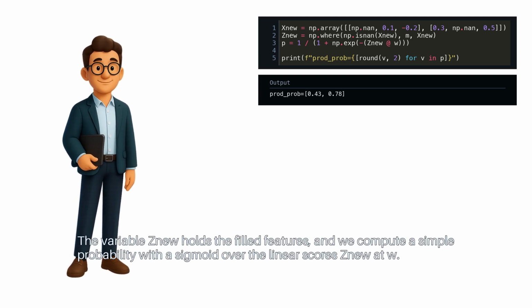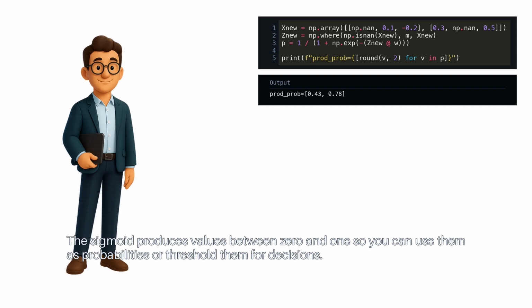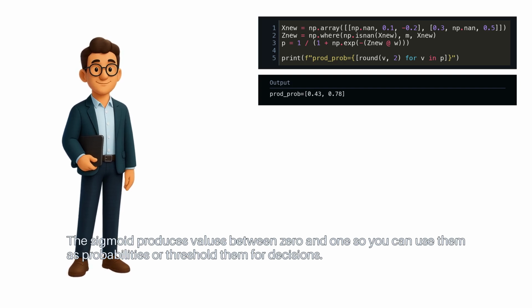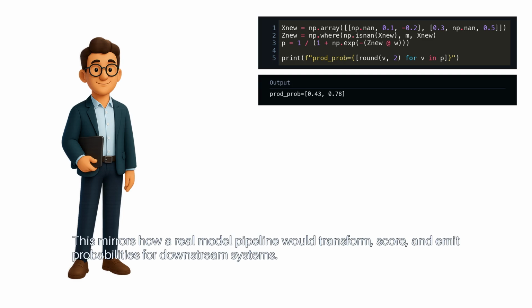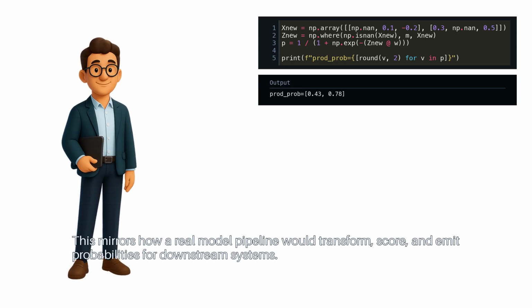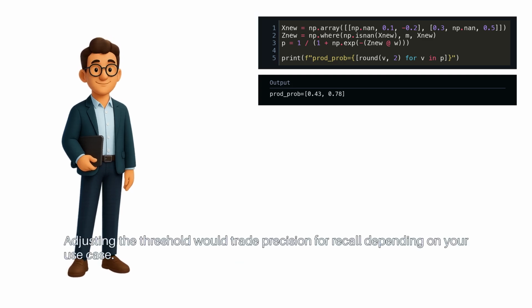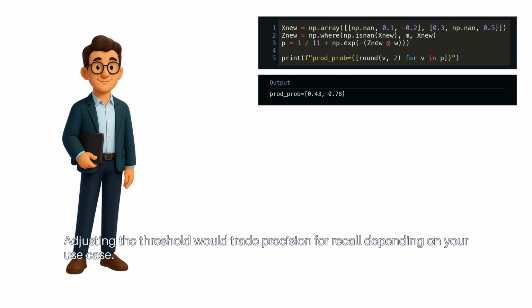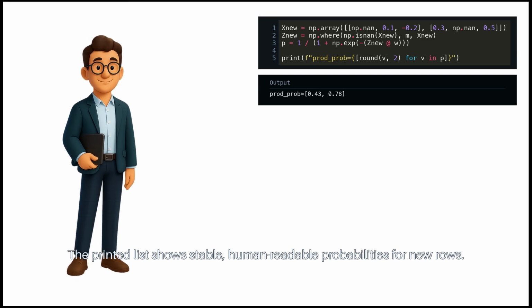The variable Z new holds the filled features, and we compute a simple probability with a sigmoid over the linear scores, Z new at W. The sigmoid produces values between 0 and 1, so you can use them as probabilities or threshold them for decisions. This mirrors how a real model pipeline would transform, score, and emit probabilities for downstream systems. Adjusting the threshold would trade precision for recall, depending on your use case. The printed list shows stable, human-readable probabilities for new rows.